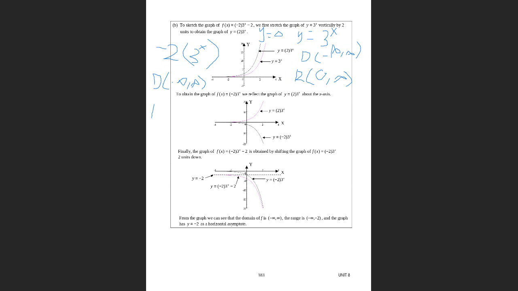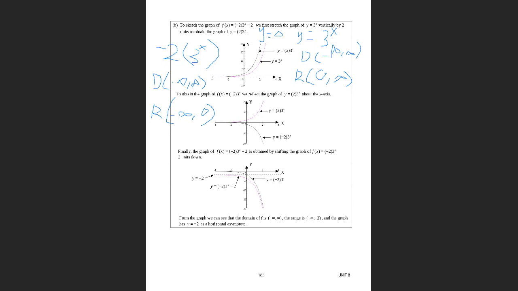As for your range, this time, because it's negative here, your graph is going to be below the axis. So your range is now going to start from negative infinity to the asymptote, which is 0, like that. So you must know these small dynamics.